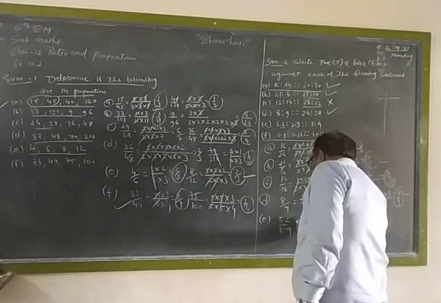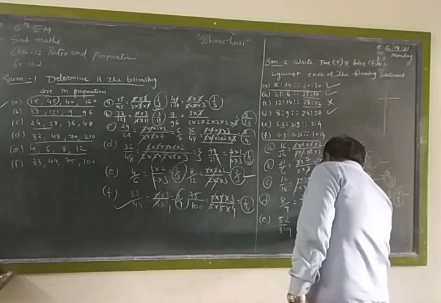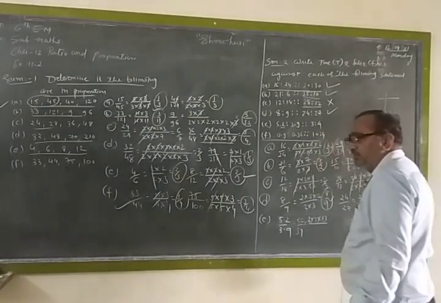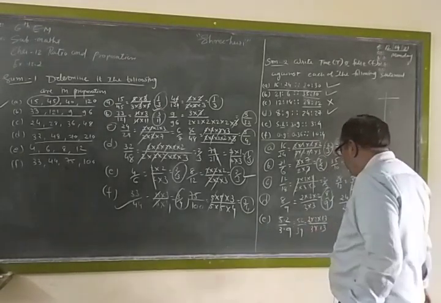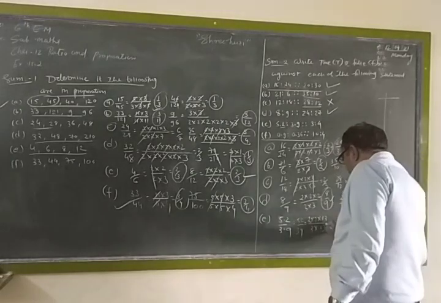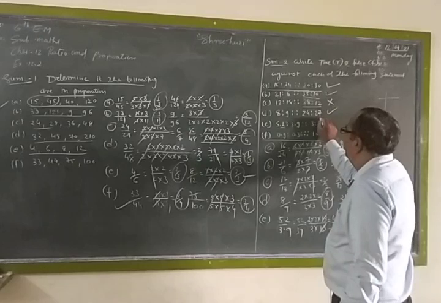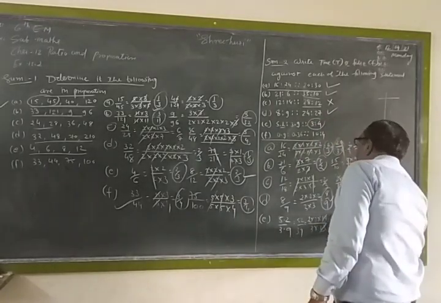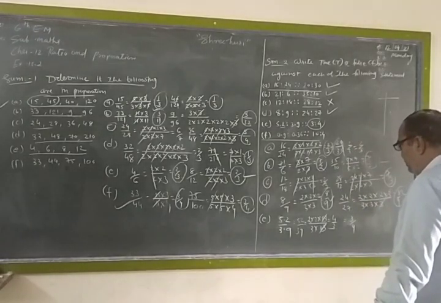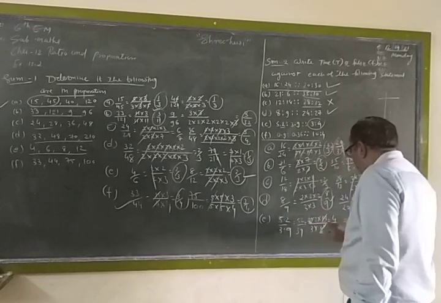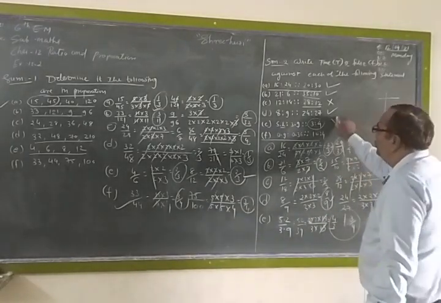Then 52 upon 39. 2 2s are 4, 13 4s are 52 and 13 3s are 39. 13 cut, 4 upon 3. Now here we had 3 upon 4. So it is not the same. Look here, both are not the same. It is false.